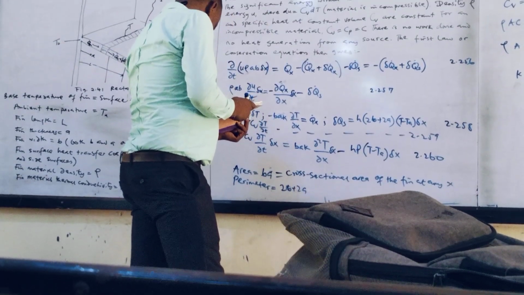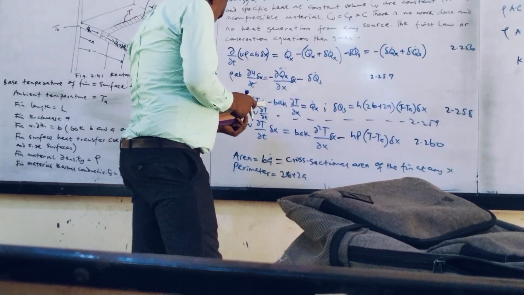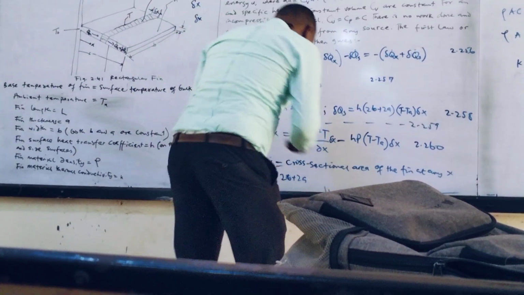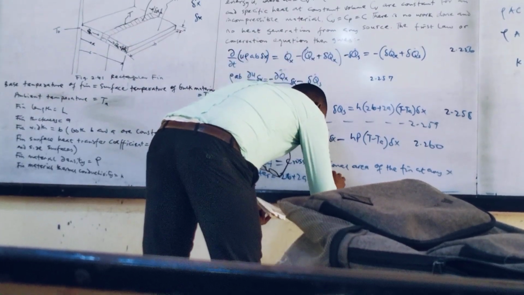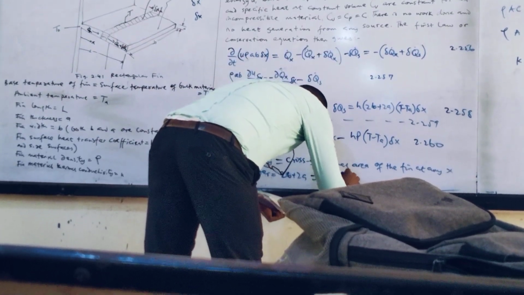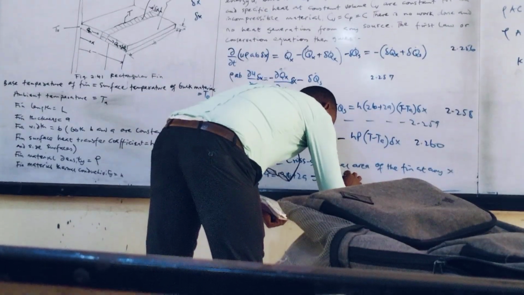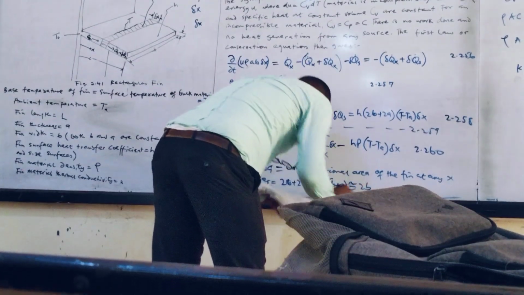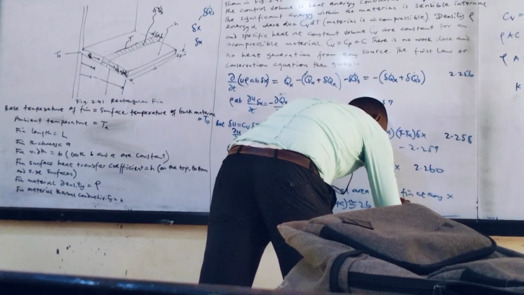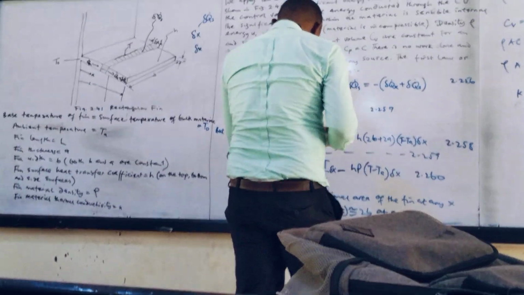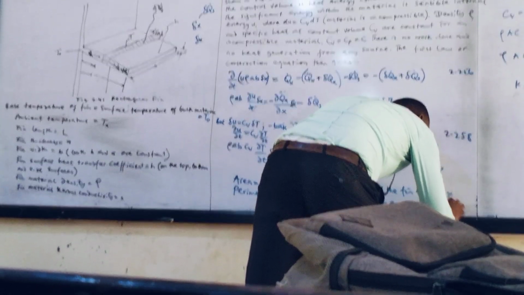And this one, P, is the perimeter of the fin, which is equal to 2(a + b), which is approximately 2b at any x, where a is much less than b.